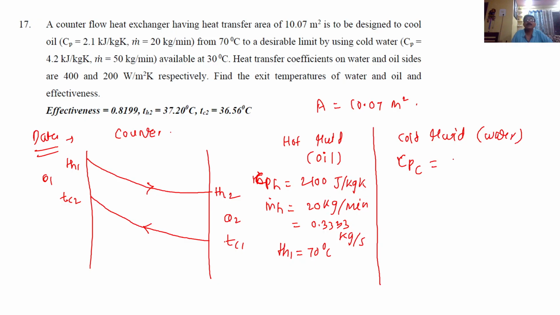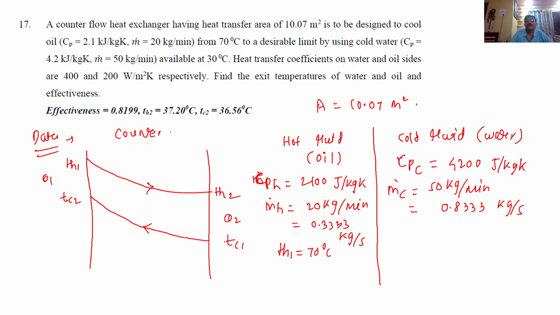So CPC is equal to 4.2 kilojoule, meaning 4200 joule per kg Kelvin, and the mass flow rate for the cold fluid, that is water, m dot C is equal to 50 kg per minute. So 50 kg per minute divided by 60 is 0.8333 kg per second.